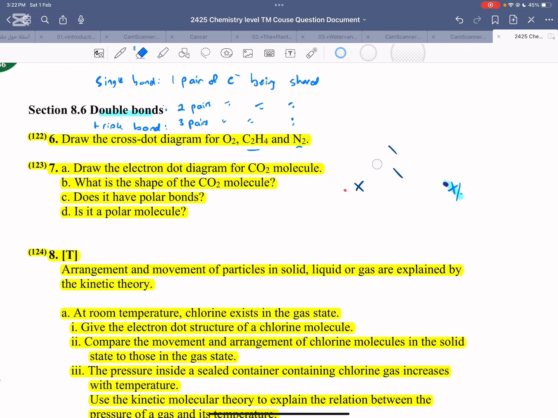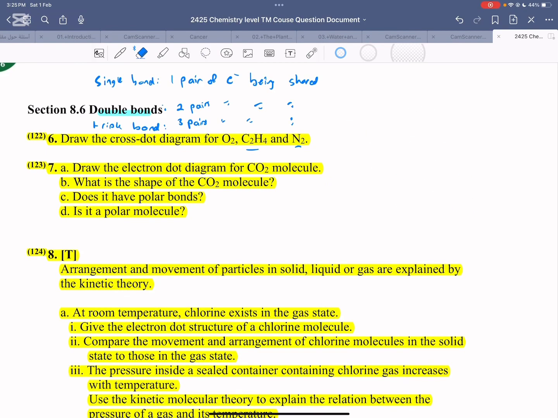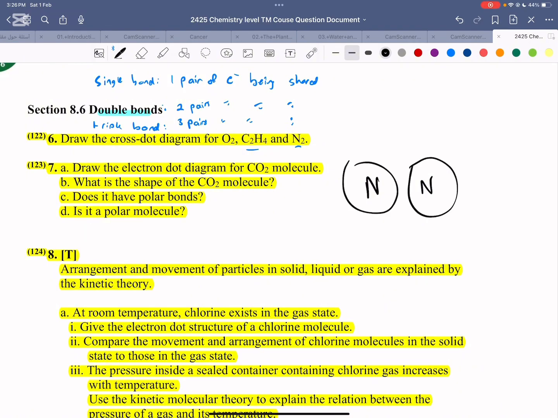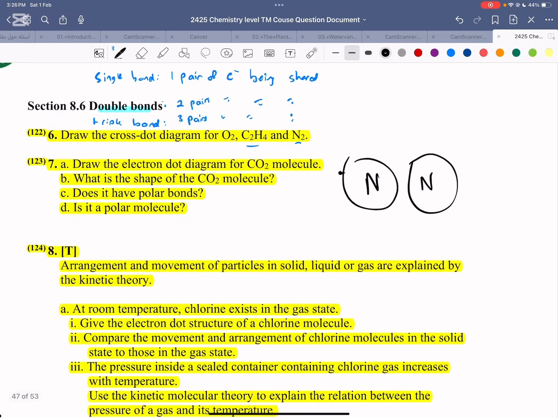Now let's look at nitrogen. Nitrogen is in group 5, so I'm going to have 2 nitrogen atoms, and they're going to be surrounded each by 5 valence electrons. So let's put 1, 2, 3, 4, 5. 1, 2, 3, 4, 5.